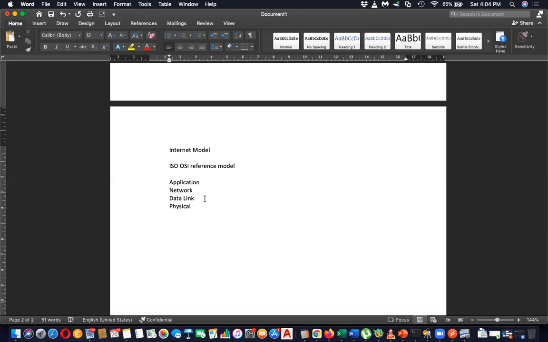So is this the internet model or ISO OSI? The OSI reference model. The OSI model has 7 layers basically.